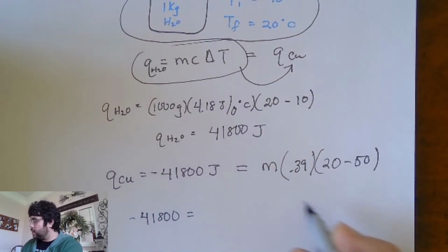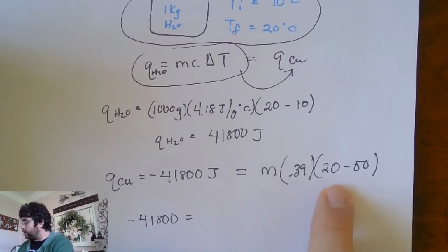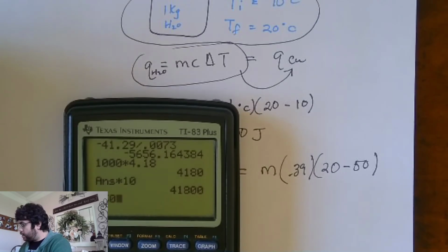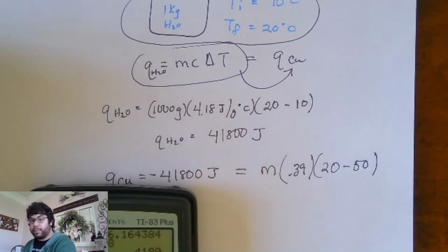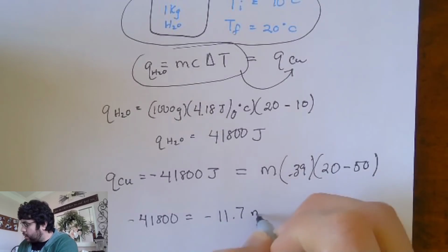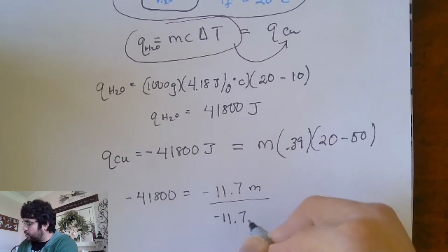41,800 equals, and then this is going to be M times all this over here. So this is going to be negative 30 times 0.39 times M, so negative 11.7 M, divided by 11.7 on both sides.